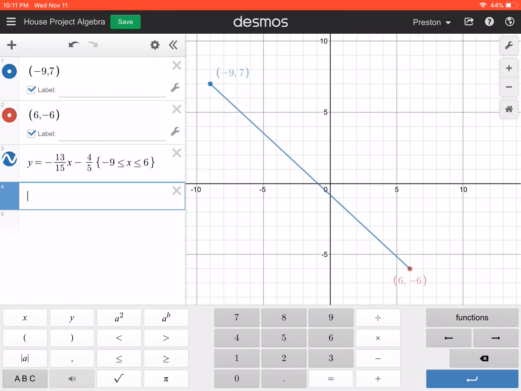Now, we don't want this house to be leaning, so we want it to be perfectly up and down. So although the base is at an angle, we want the walls to be perpendicular to that base. So if this slope is -13/15, think about what you need for the slope in order to make it perpendicular.